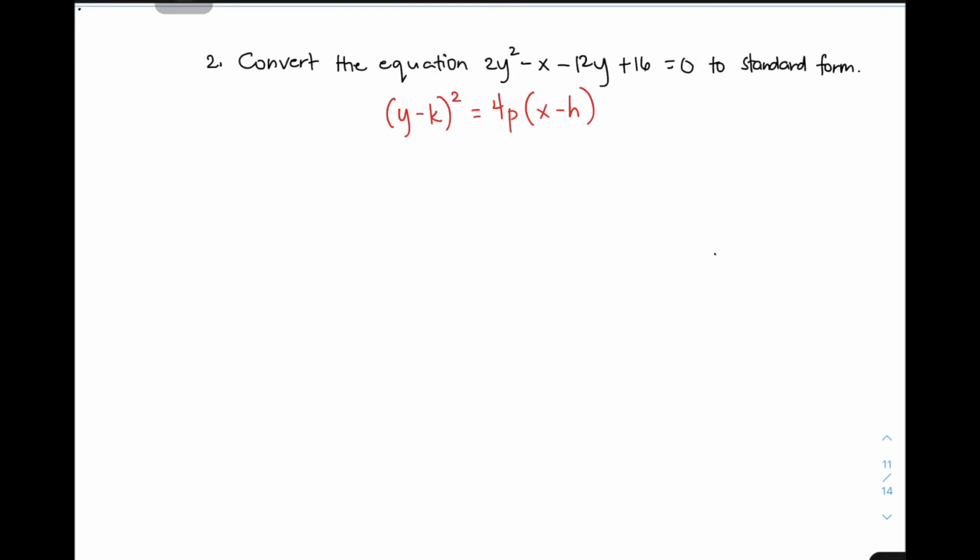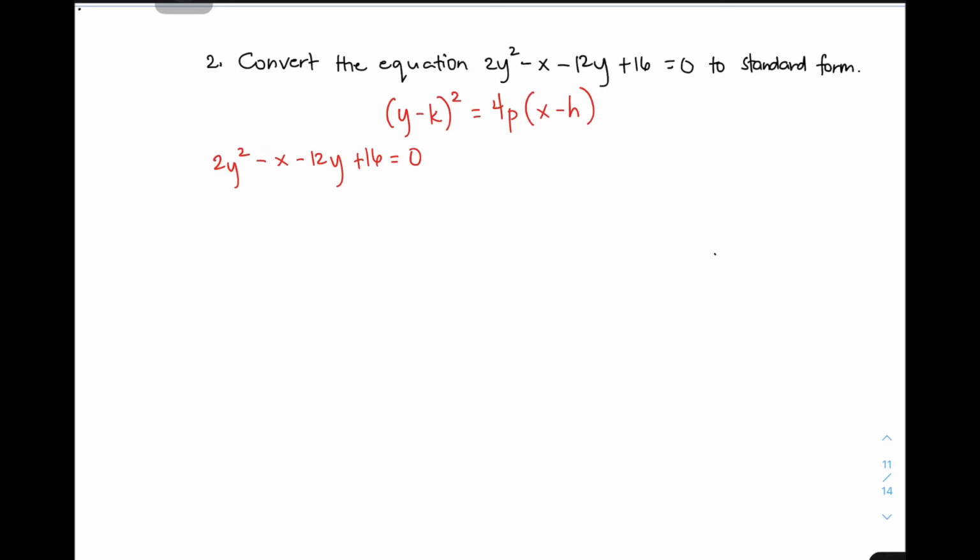So you need to copy basically the equation 2y squared minus x minus 12y plus 16 is equal to 0. So, transpose natin or lilipat natin mga terms ay itong minus x and plus 16. Bakit?